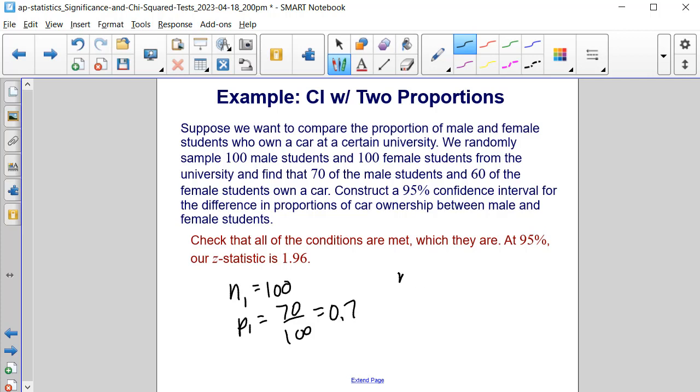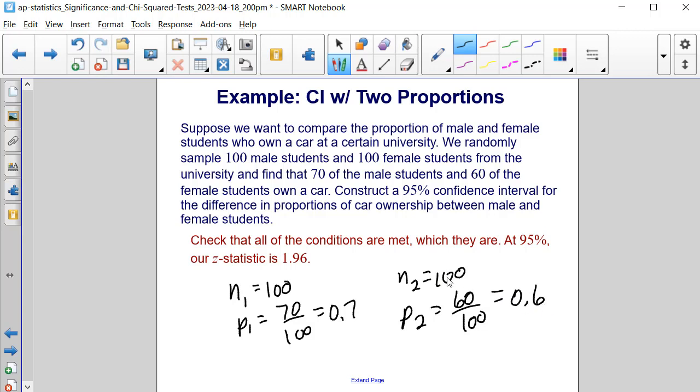For N2, we also have 100 female students, and P2, they tell us it's 60 who own a car out of the 100 that we surveyed, and that's equal to 6/10. And if we were to multiply N2 times P2, we would get 60, that's greater than 10.